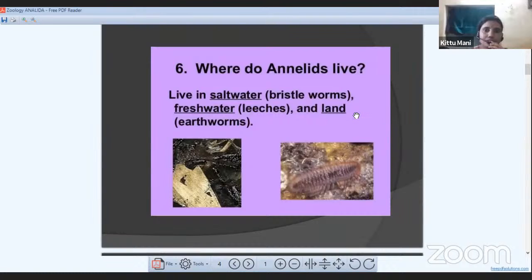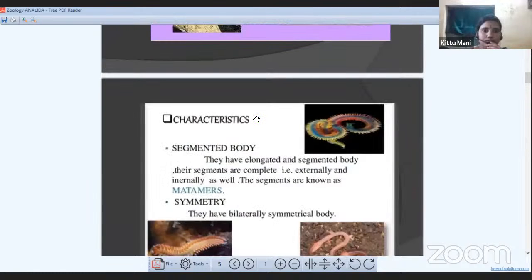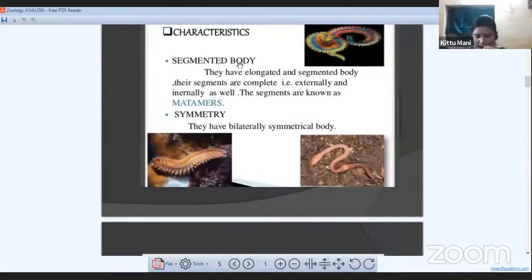So annelid organisms are both aquatic and terrestrial, living in fresh water as well as on land. Next, what are the major characteristic features of the phylum Annelida?